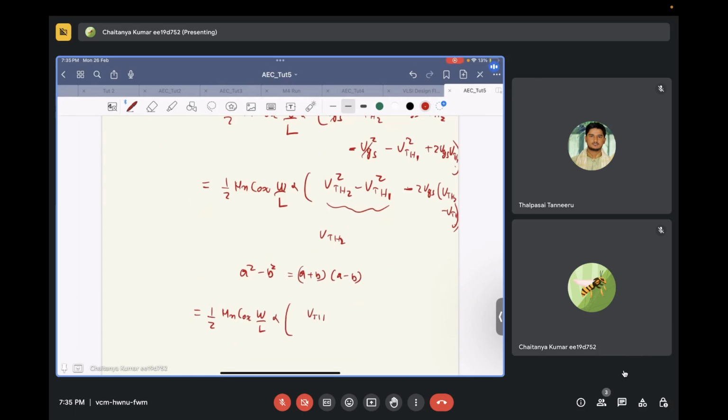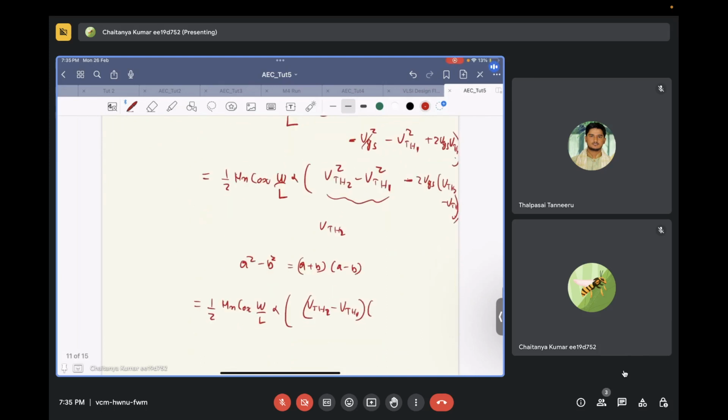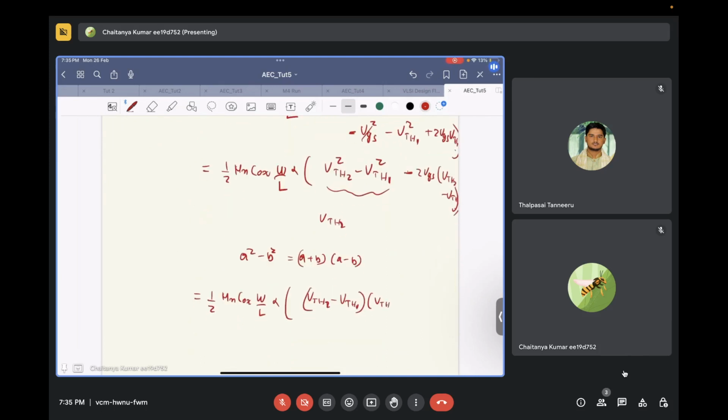times (VTH2 minus VTH1) into (VTH1 plus VTH2) minus 2 VGS into (VTH2 minus VTH1).